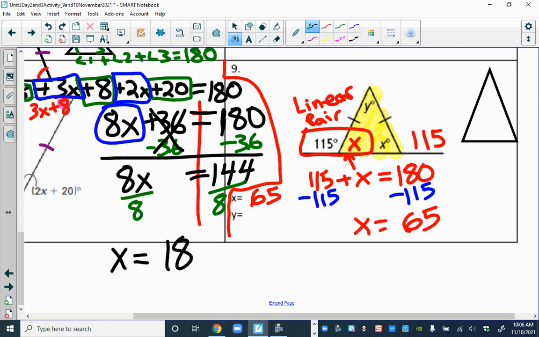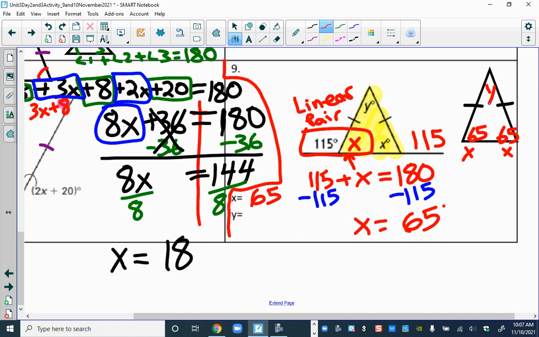I'm very happy right now from what I'm hearing. This was the x. So we found out what x was. We said x was how many degrees? 65 degrees. So that's 65. This one's also 65. So there's your x, there's your x.